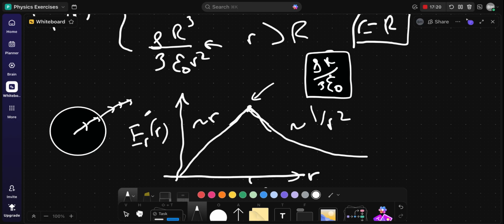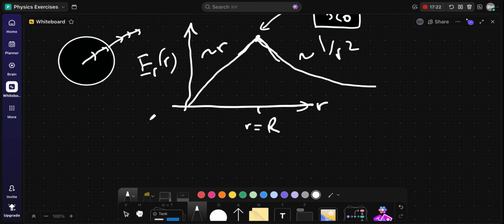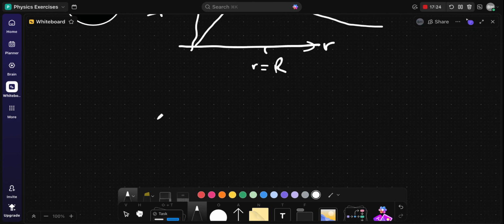Now, another interesting thing that you can derive from this is sometimes presented as a law of physics in certain textbooks, especially in the case of mass, because gravity is similar to the electric field. You can define a gravitational field. But let's see.